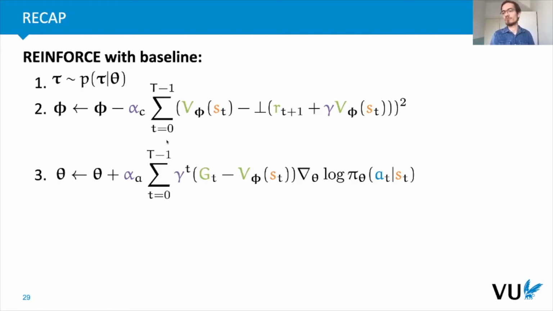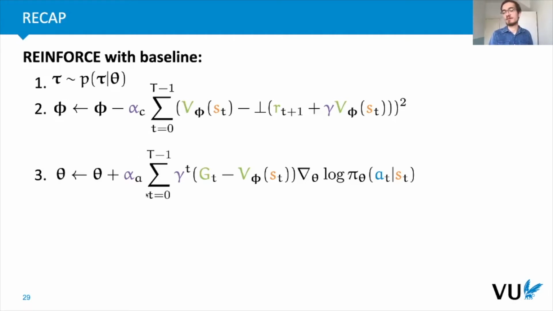First, we're going to update our baseline. We update our baseline based on this equation, where we use this bootstrap error. And we have to minimize it, because we want to minimize the error, right? This way we get a better estimate of the value function.